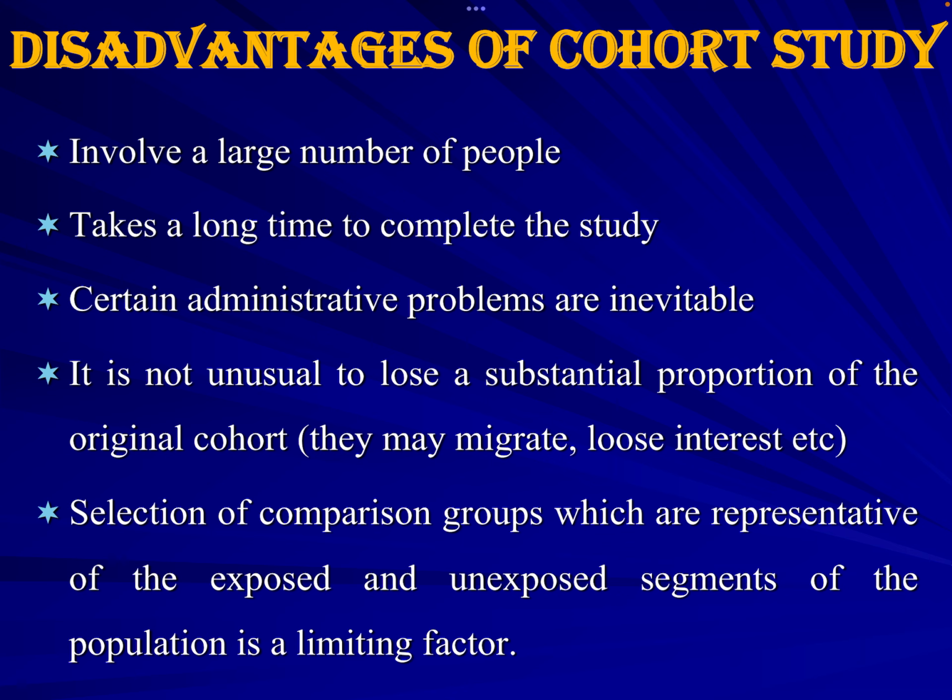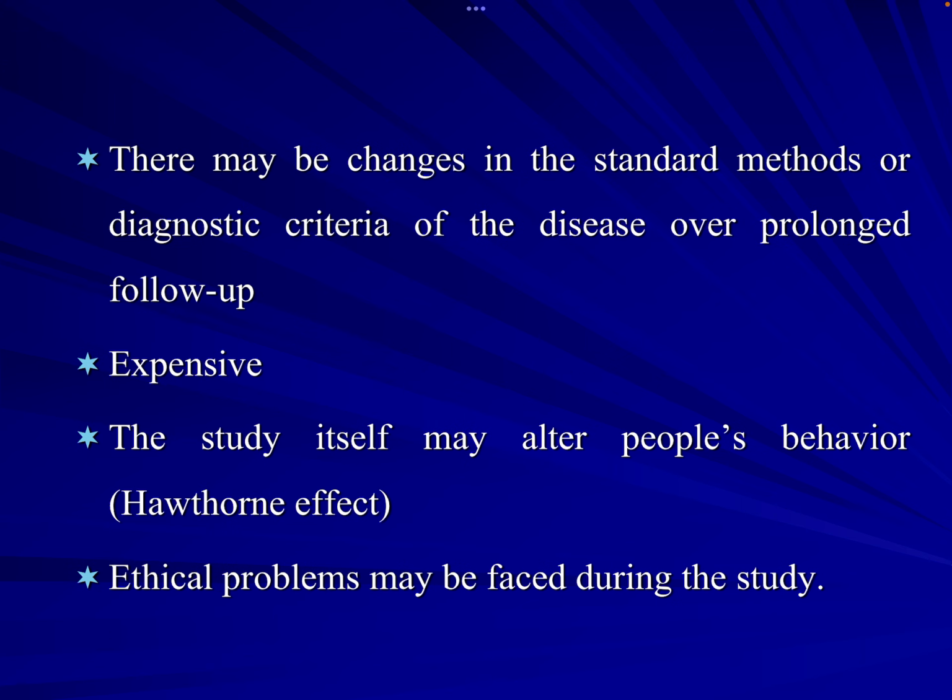Next is disadvantages of cohort study. It involves a large number of people. It takes a long time to complete the study. Certain administrative problems are inevitable. It is not unusual to lose a substantial proportion of the original cohort. They may migrate or lose interest, etc. Selection of comparison groups which are representative of the exposed and unexposed segments of the population is a limiting factor.